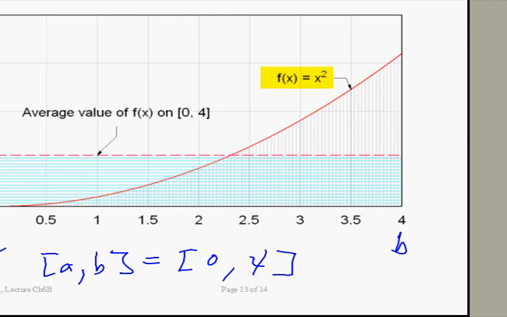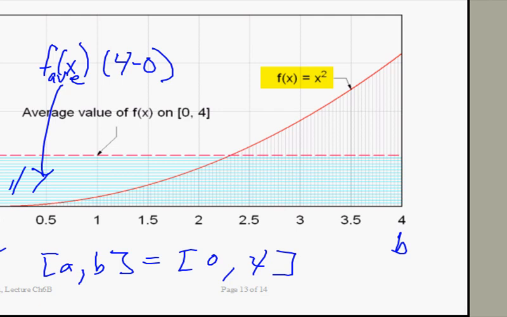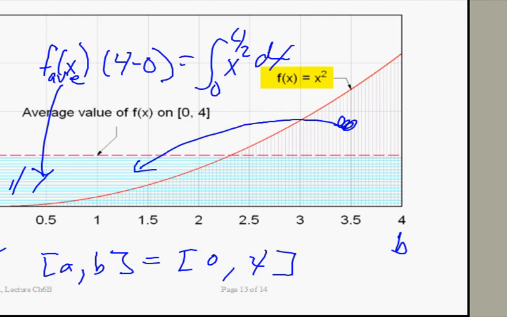Here's the average value right here, and if I look at the area under this average value, this area would be the average value times 4 minus 0, and that is equal to the integral from 0 to 4 of x squared dx. If you want to think of it mentally, you can think that this little piece here got chopped off and put over here, and that's why they're equal.